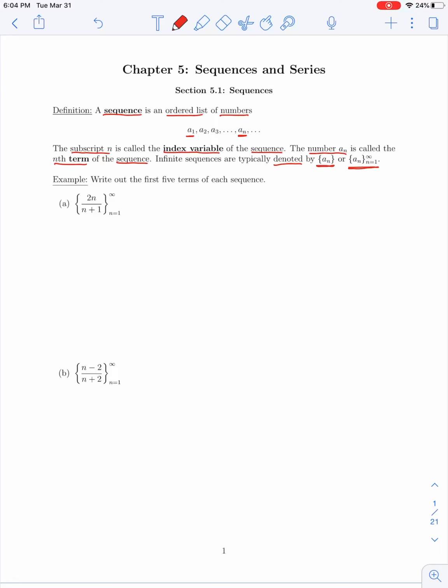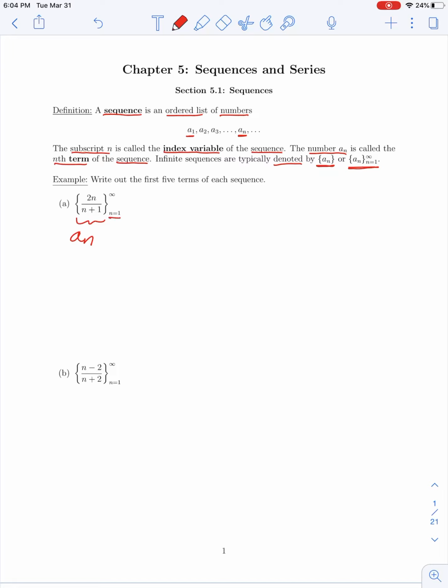equals 1. So to get more familiar with infinite sequences, let's look at this first example where we are given the general term of a sequence and we are asked to write out the first 5 terms. So in this first part, part A, we have 2n over n plus 1 from n equals 1 to infinity.